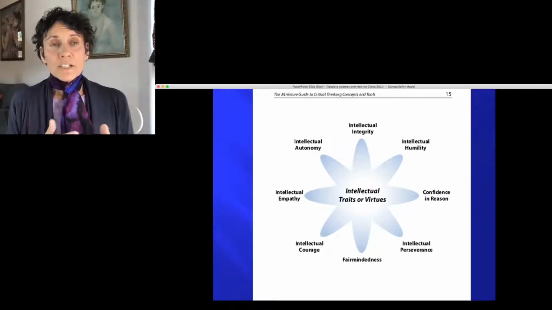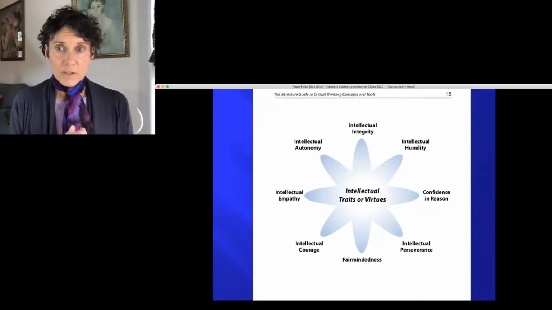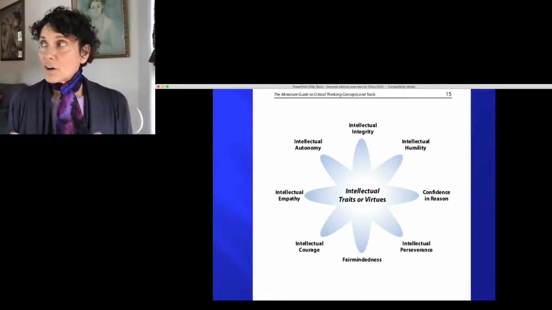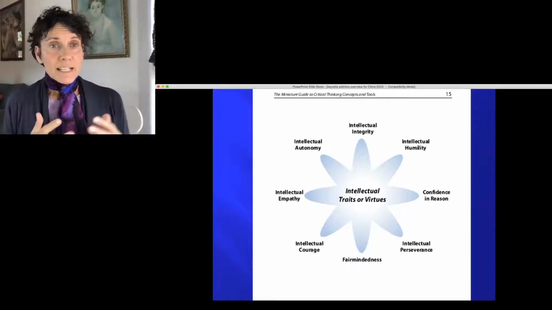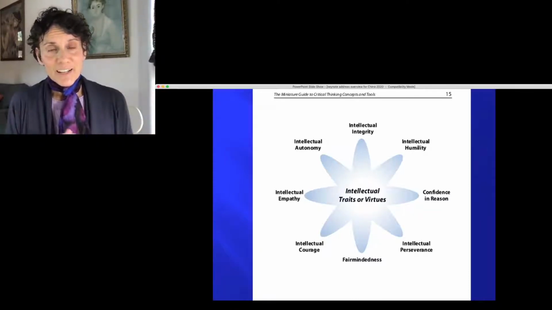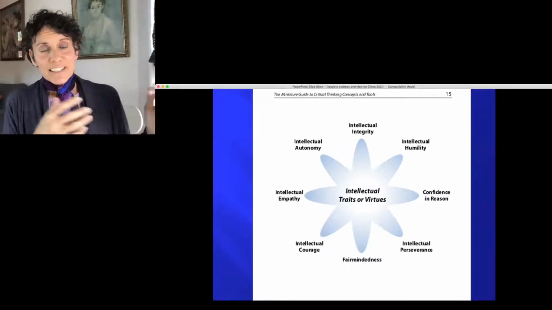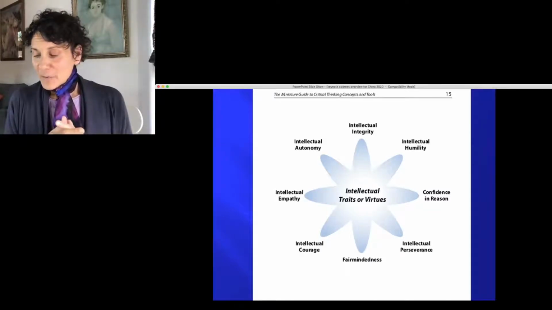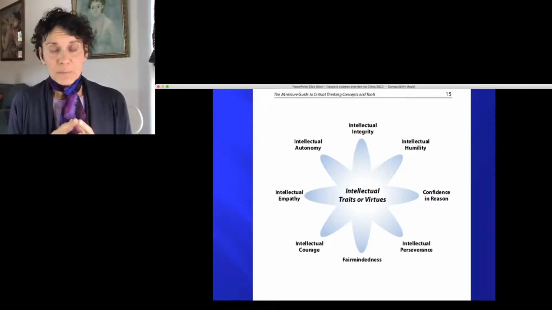To what degree do they have the courage to look into their own beliefs, intellectual courage? And there are others. These are some of the most important intellectual virtues that have been handed to us through the history of ideas over time, and that we have also contributed to.